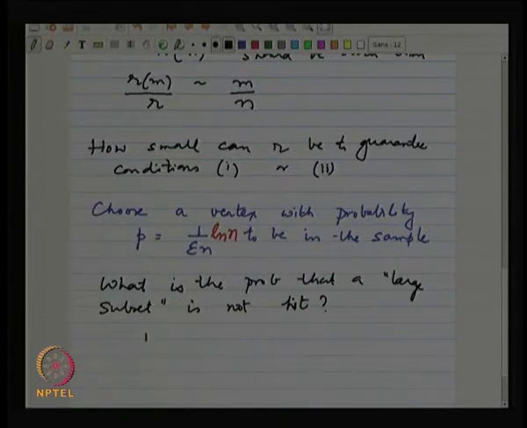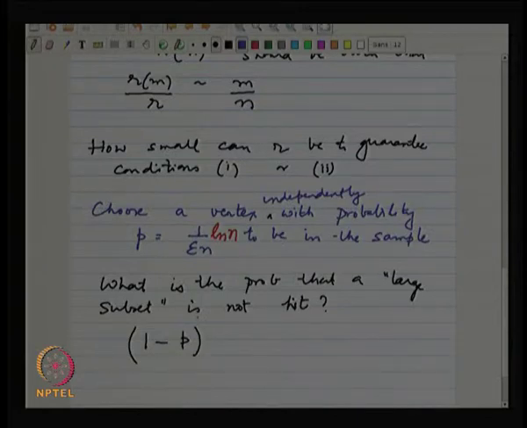So, that is 1 minus p, and they are being chosen independently, with probability p in the sample. So, 1 minus p, the probability of not being hit, and all these epsilon n vertices are not going to be chosen, right.